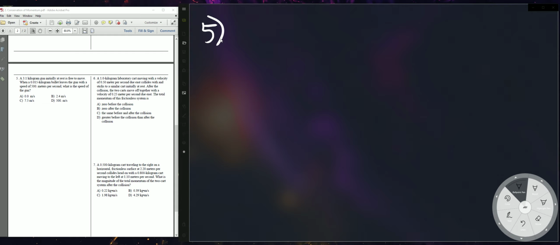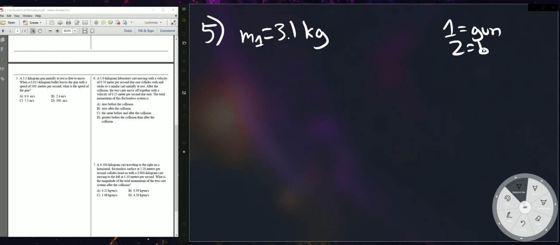Five. A 3.1 kilogram gun. So mass 1 is 3.1 kg, where 1 is the gun and 2 is going to be our bullet, just to make it easy for you. Initially free to move, so V1 initial is 0.